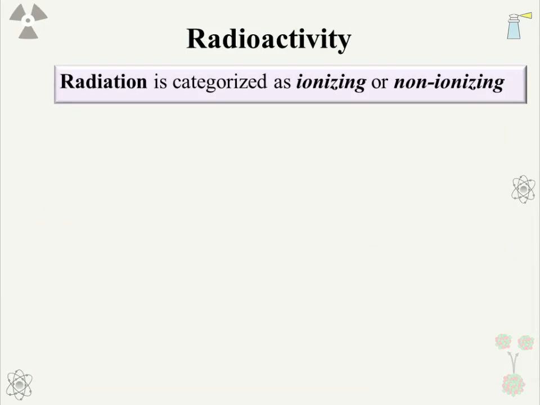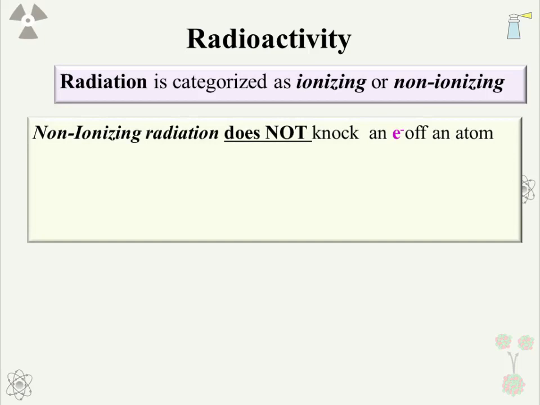Radiation in its broadest sense is characterized as ionizing and non-ionizing. The distinction is no less important than dangerous and not dangerous. Non-ionizing radiation does not knock an electron off an atom. It does not form ions, hence its name, non-ionizing.